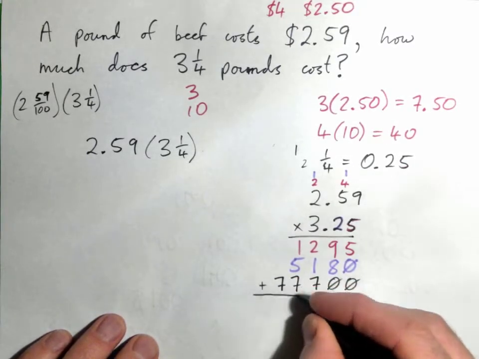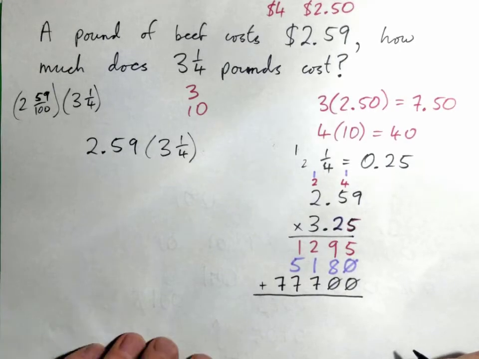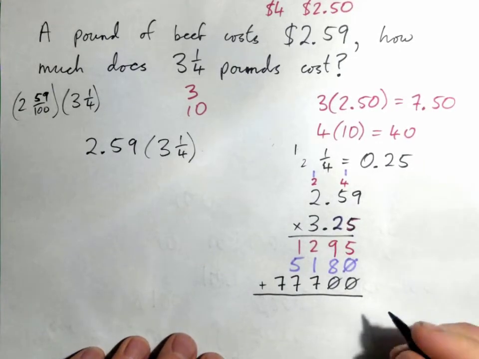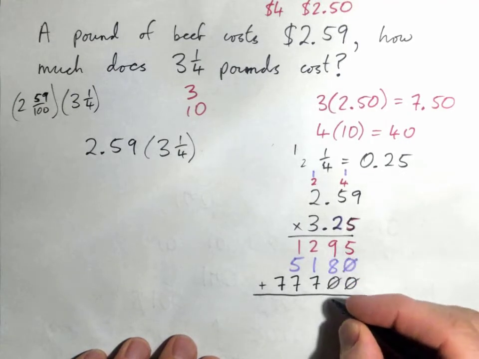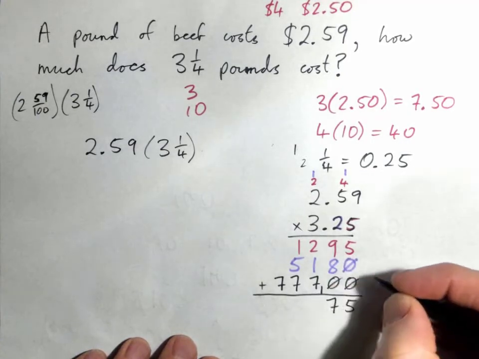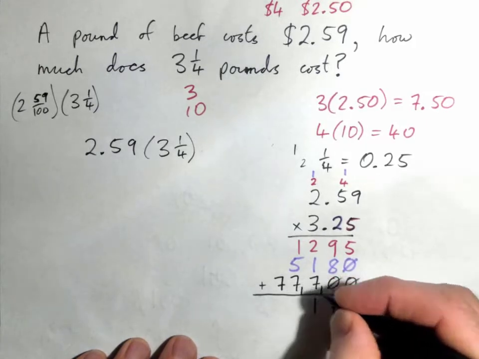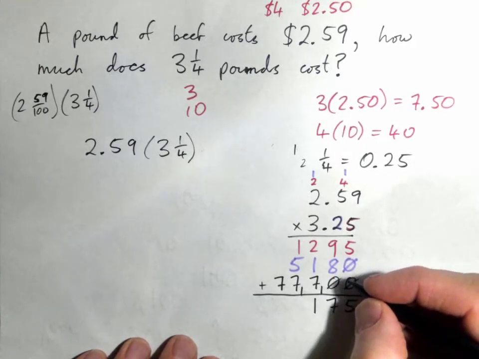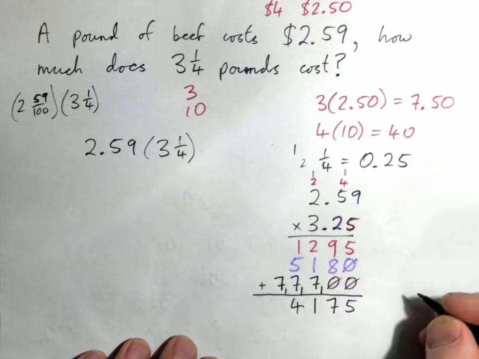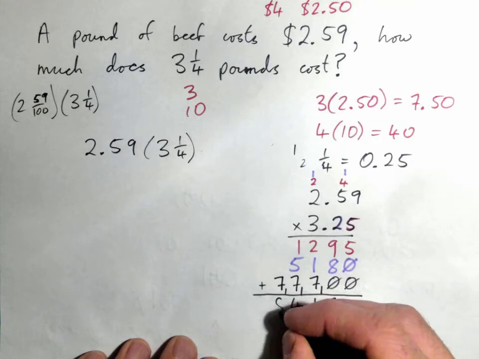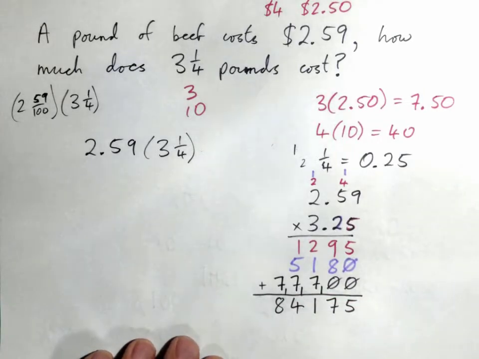Right? And then add those guys. Yep, 5, yep. 17, carry 1, yep. 11, carry 1, yep. 14, yeah, carry 1. 8, good.